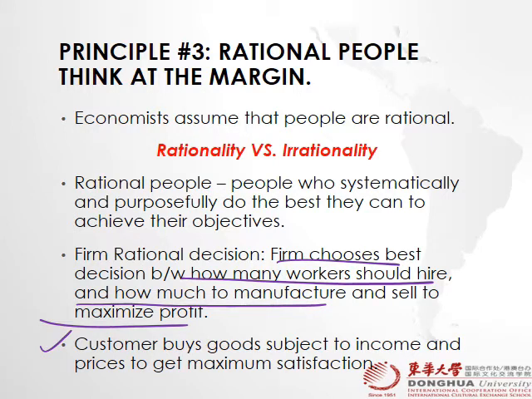You have to see your budget as well as the prices to get maximum satisfaction, like we just saw in our laptop example. So this is called rationality. Irrationality means something like impulse buying. You go to the shop, you want to buy a laptop, you pay the money, you didn't go through any systematic process. You did not see any other brands, other options, or price competitiveness. You just go and buy the stuff. This is called irrational behavior.